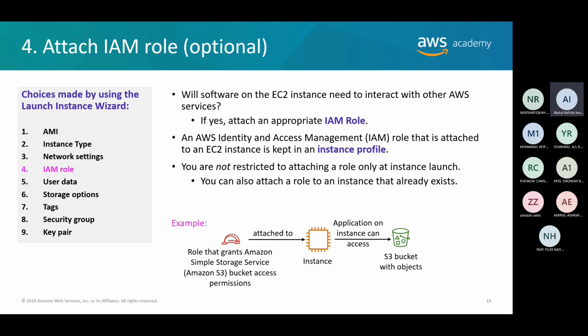To support these use cases, AWS enables you to attach an AWS identity and access management IAM role to an EC2 instance. We learned before about IAM, identity and access management. It has a function where we can attach a role to the EC2. We attach a simple role for this EC2.